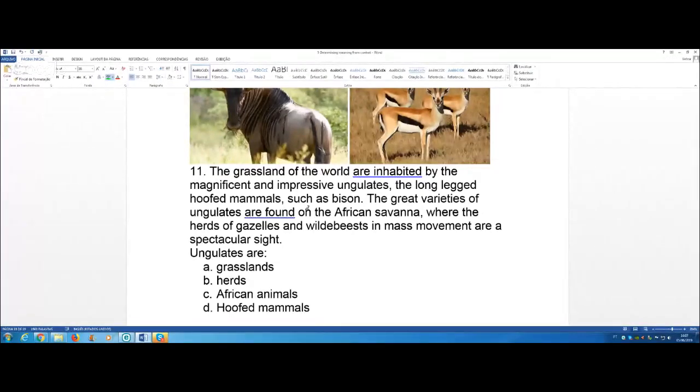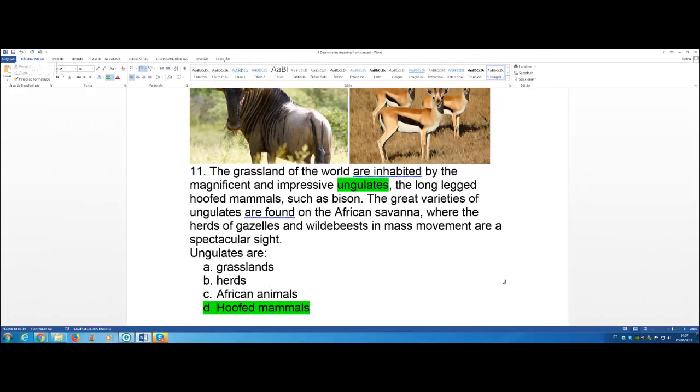Okay, impressive ungulates. Here I got the noun I'm looking for. And here is my relative clause, the long-legged hoofed mammals. This is my answer. Fair enough? How was my reading? Very bad? No, no. It's good.